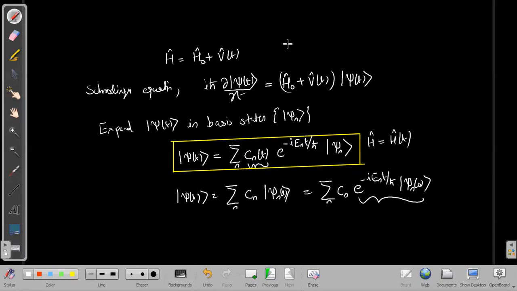Now we are going to apply the interaction picture here. In the interaction picture we already know the form of the state vector. The state vector psi of t in the interaction picture can be written as e raised to i H0 t by h cross times psi of t in the Schrodinger picture.